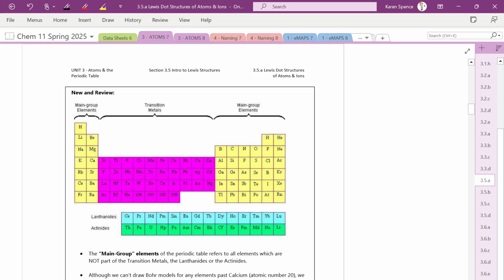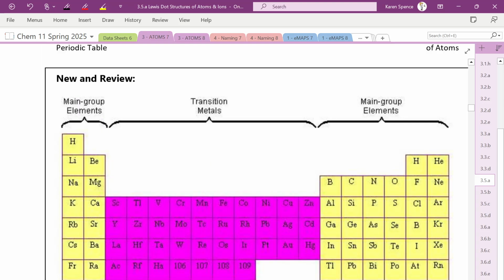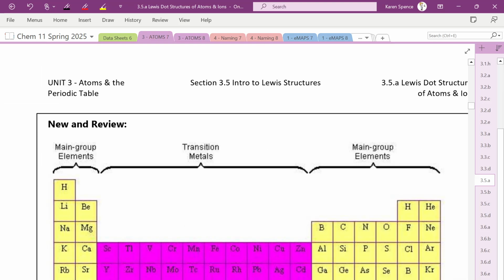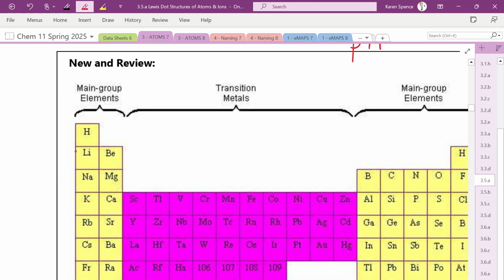Things that you should know. This is now on page 74. What do we call group 1?